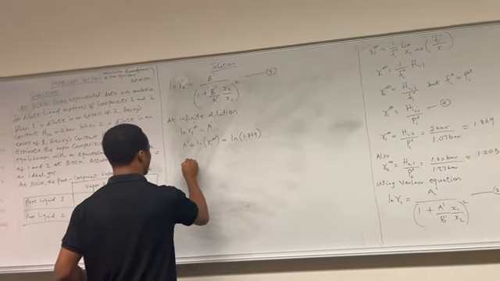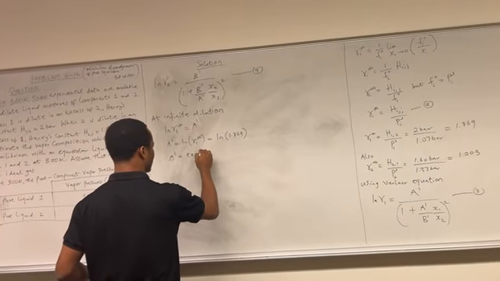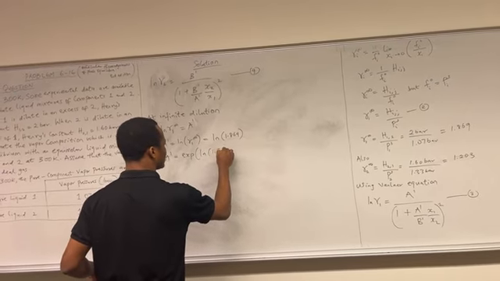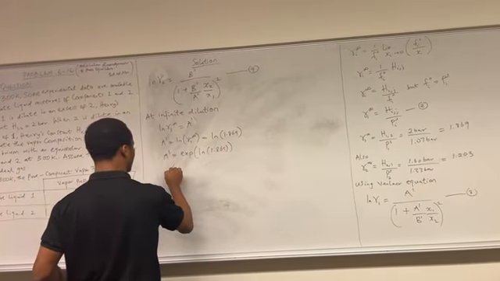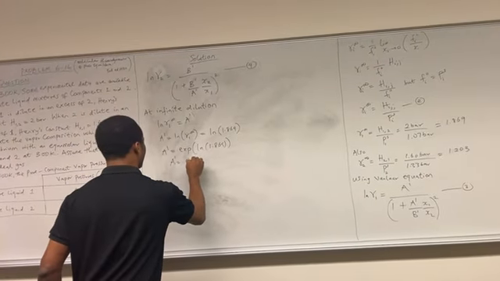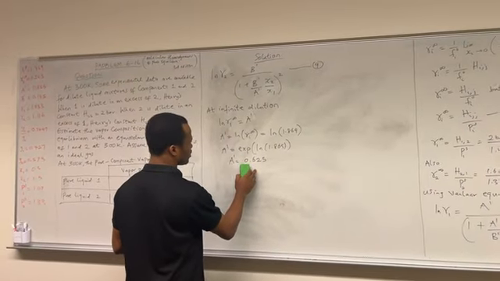So our a prime will now be taking the exponential of ln 1.869. When you do this, you have our a prime to be 0.625.